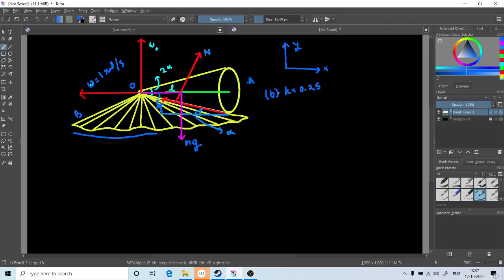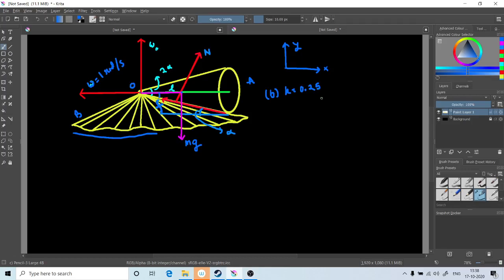We need to find the value of omega for which the coefficient of friction between the surfaces is equal to K equal 0.25, keeping in mind that cone A will roll without sliding.